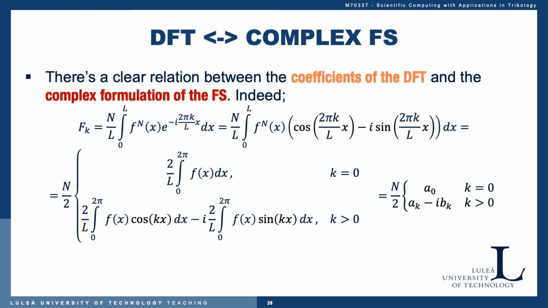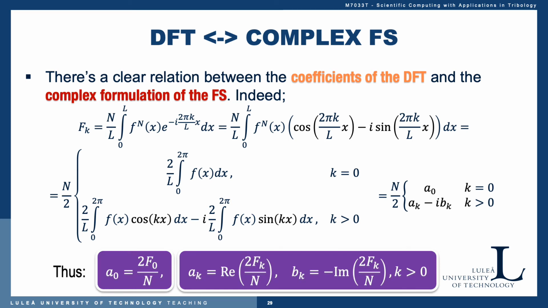For k equals 0 we have a0 times a constant, and for k greater than or equal to 1, we have a_k minus i b_k, which means that we can formulate a0 as 2 f0 over n. So given the discrete Fourier transform, we have F_k, and in particular we have f0. By f0 we get a0.